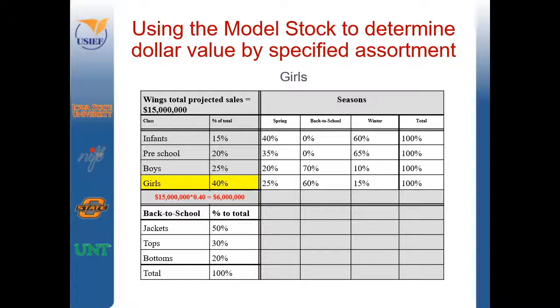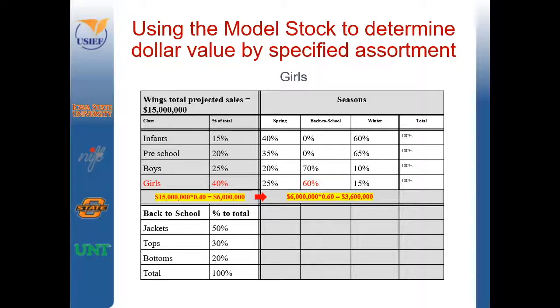Now from there, we want to find out the portion of the girls' budget that was attributed to back to school. Take a minute and think about how we would calculate the portion of this total $15 million budget that would be attributed to girls back to school. If you remember, a moment ago, we figured out that $6 million was attributed to girls.